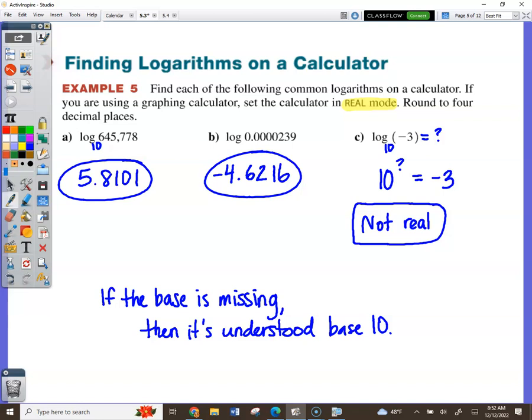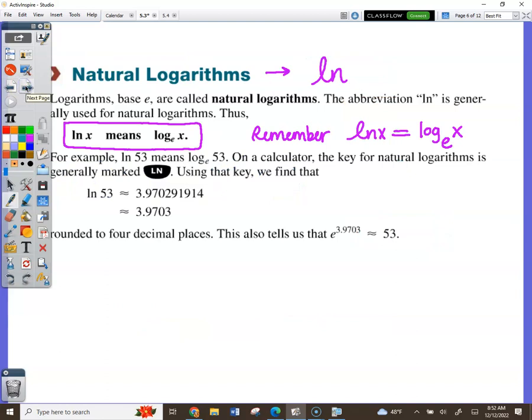Which takes us to the next slide, where we are introducing what's called natural logarithms. Natural logarithms. What's the abbreviation? It's LN. So it's a little backwards. I guess NL didn't have as much of a nice ring to it. But LN stands for natural log.